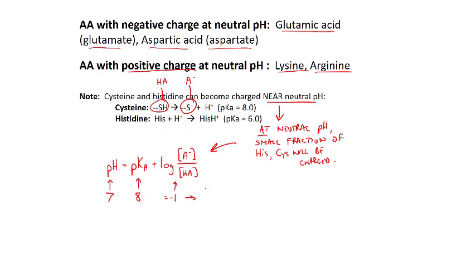And what that means is that our concentration of conjugate acid is 10 times the concentration of conjugate base. So 1 in 10 cysteines will be in the S- form.